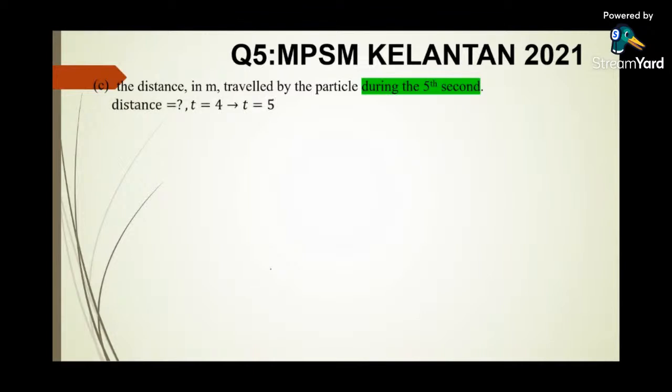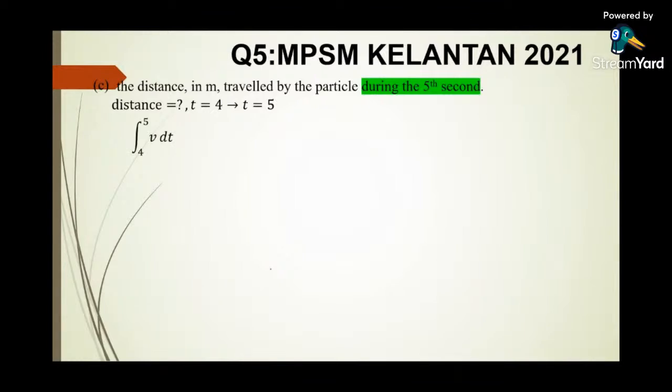So how? Ini dia punya clue. Dia mesti from T4 to T5. Dia ibaratnya if you looking for T5, dia punya distance mestilah from T4 until T5. Dia celah-celah tu lah between T4 and T5. That one you have to understand.